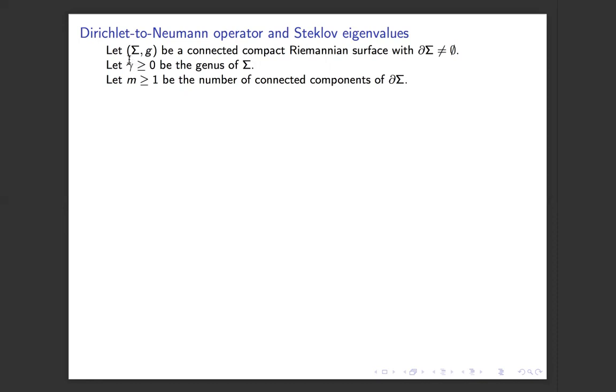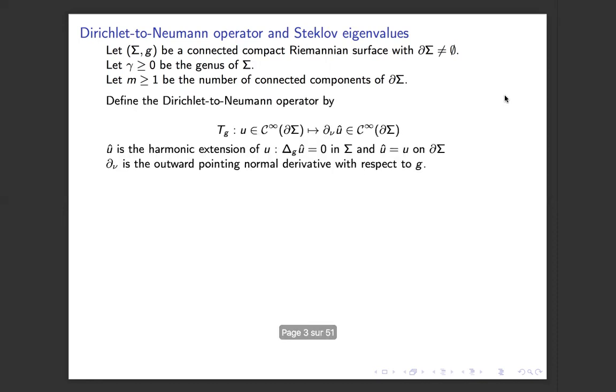These two numbers characterize the topology of such a surface. And since it is a Riemannian surface, we have some operators associated to the metric, the Laplace operator, for instance, and the Dirichlet-Neumann operator associated to this Laplace operator. So it is defined the following way.